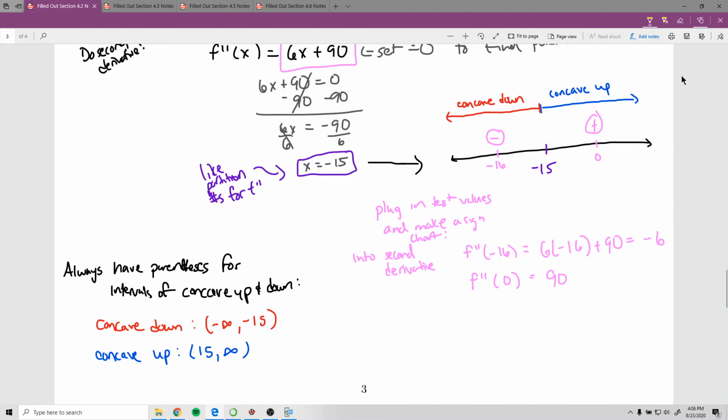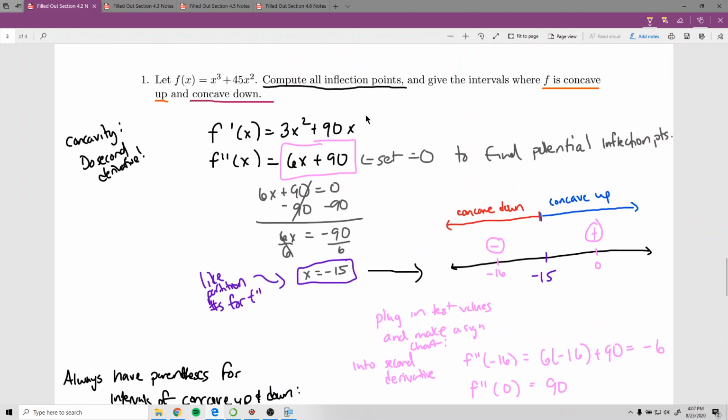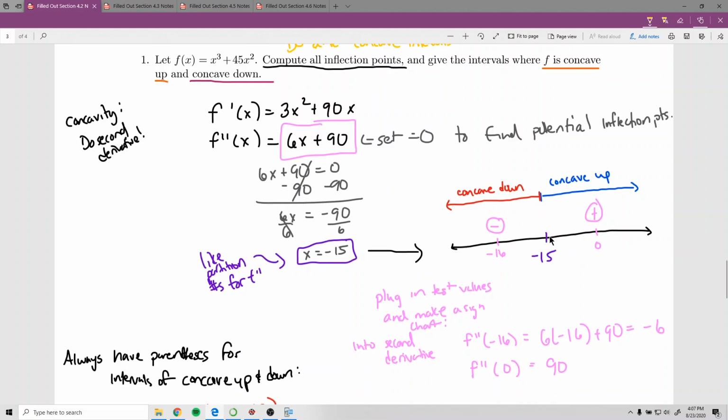All right, now this is what's often, I think, confusing about these problems, especially the way you read it. It says compute all inflection points. It makes it sound like you should do this first, but you should do this last, because you have to figure out where it's concave up and down first anyway, because you have to see where it switches signs. Right, and we said that negative 15 is our only potential inflection point because it's the only spot where it might change signs, and it does.